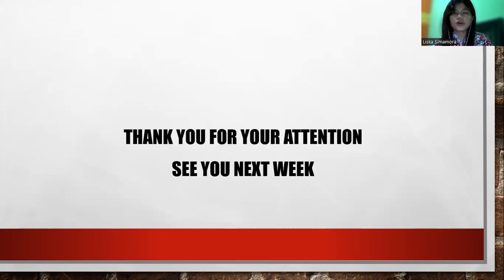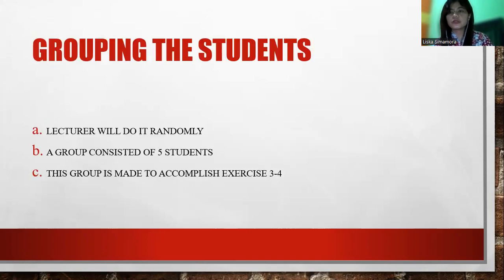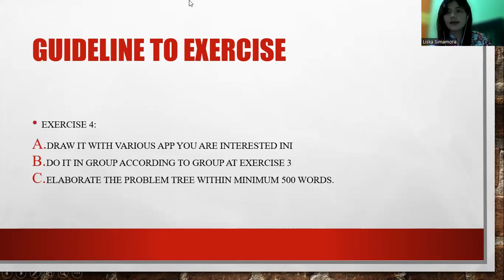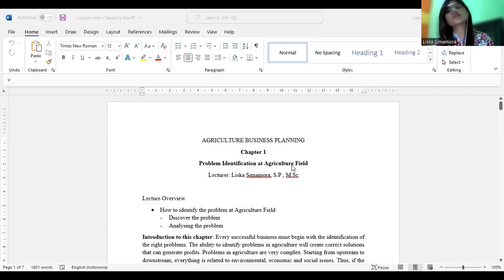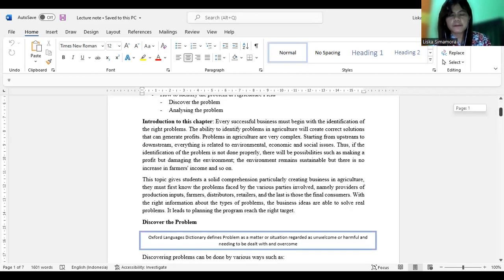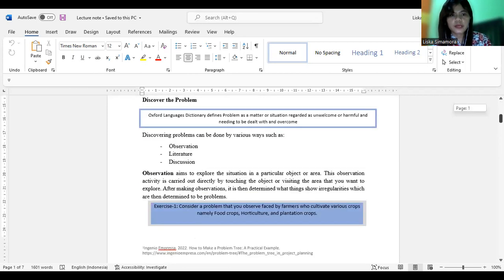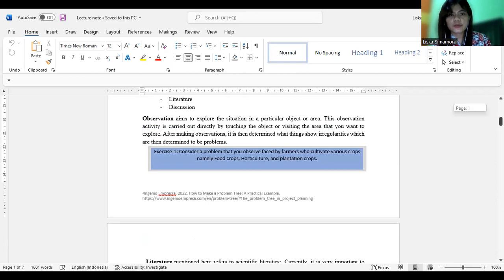Okay, so let's look first at the exercise in my handout. You can find this together with my PPT. I have presented this in my PPT. So let me go directly to exercise 1.